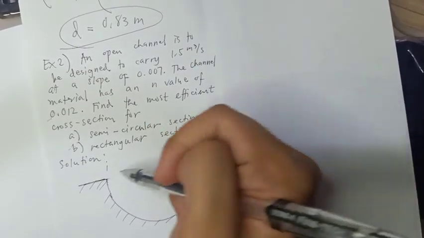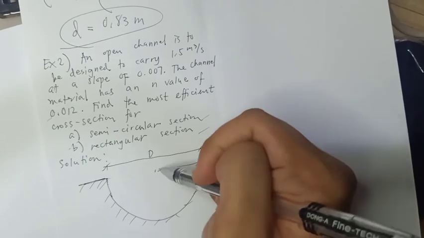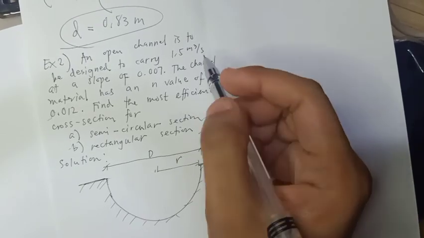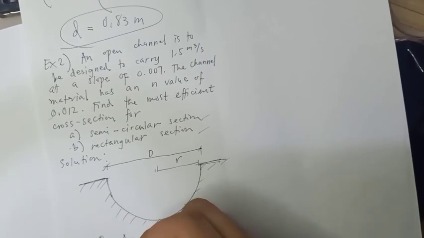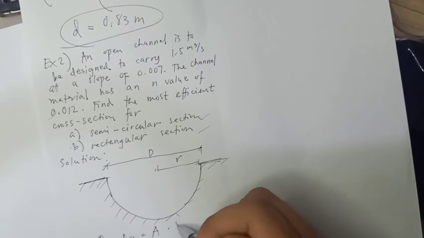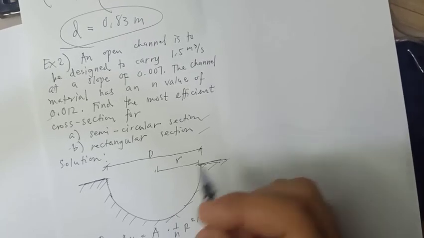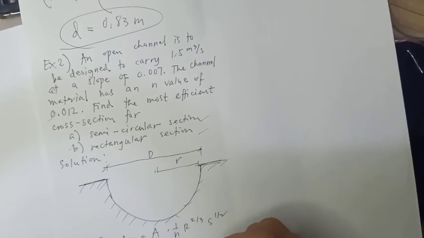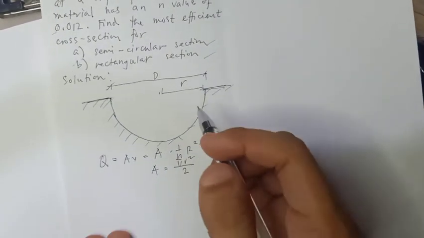Thinking that this is the diameter and this one is the radius, our Q is area times V, wherein A times 1 over N times R to the power of 2/3 times S to the power of 1/2. Our area here is pi r squared over 2 because it is semicircular.